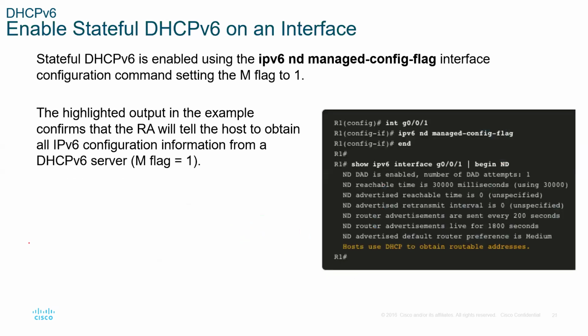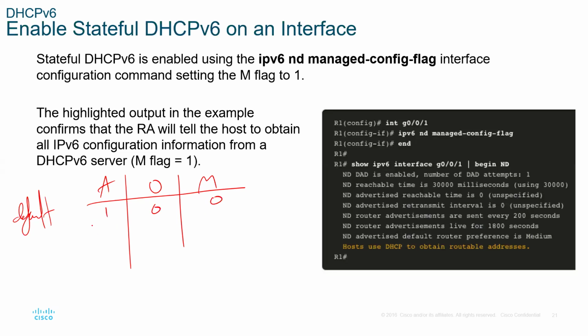Enabling stateful DHCP. By default, we've enabled A, let me put it this way, A or M. So by default, we use SLAAC only, and our flags will be like this.